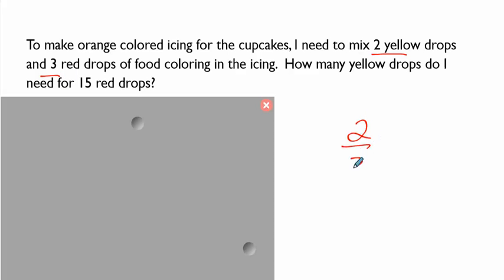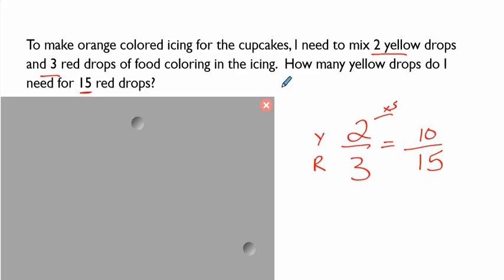But if I have 15 drops, it's just like an equivalent ratio, an equivalent fraction. How did I go from 3 to 15? I multiplied by 5, so I need to multiply the top by 5, and that gives me 10. So I would need 10 yellow drops.